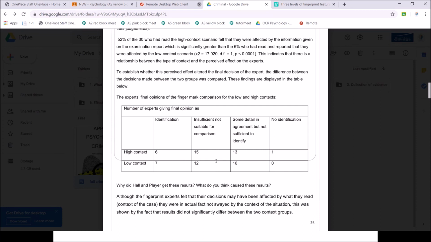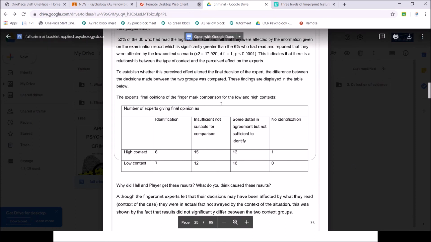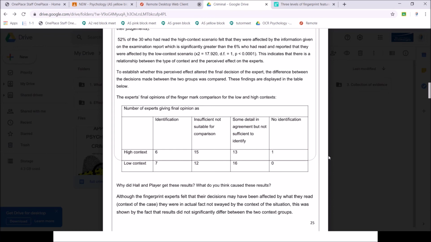So actually you can see we're coming out with fairly similar numbers in terms of the final outcome. Now, none of those numbers are significantly different from one another. So even where the experts said that they thought that their analysis had been affected, overall the numbers suggest that it hasn't been. So that might suggest that actually experts are less affected than non-experts when it comes to emotional context.